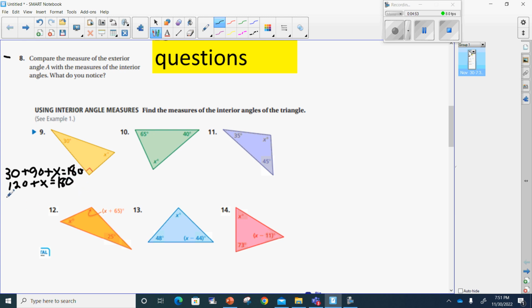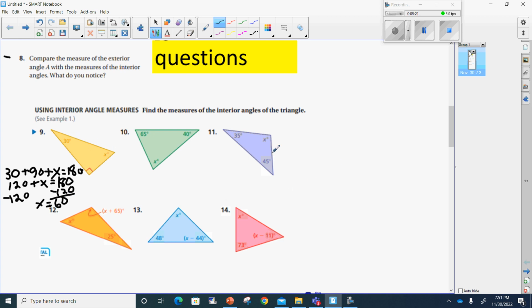And now I'm going to subtract 120 from both sides to isolate my variable. x is going to be left alone. And 180 minus 120, that's 60. So x has to be 60.